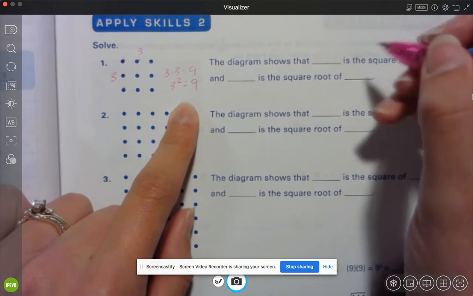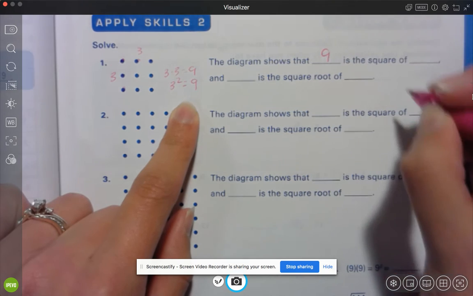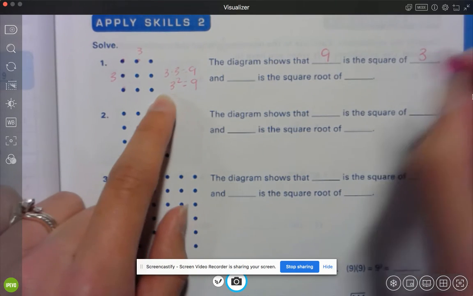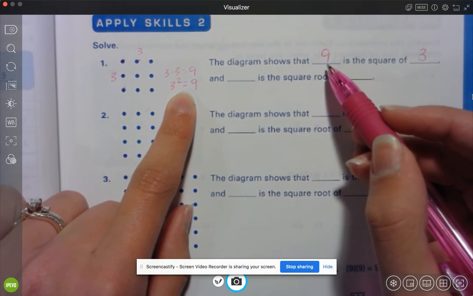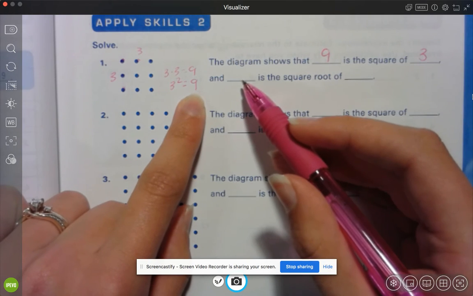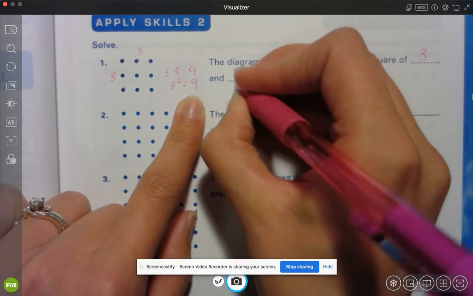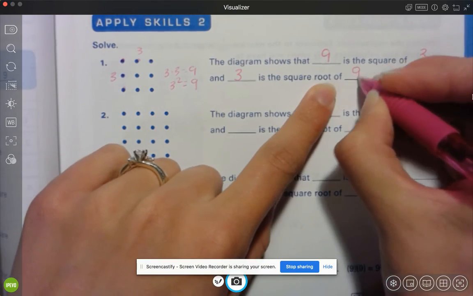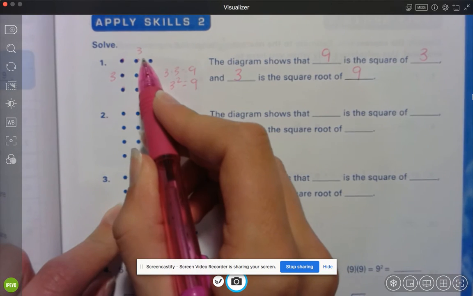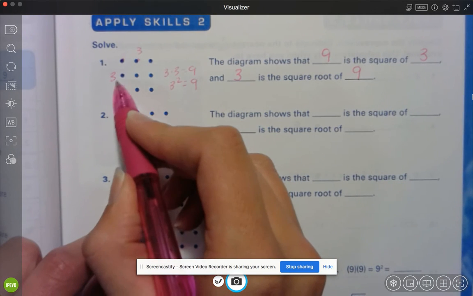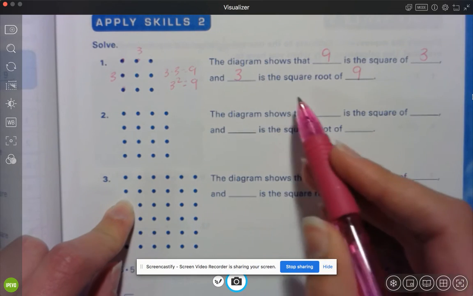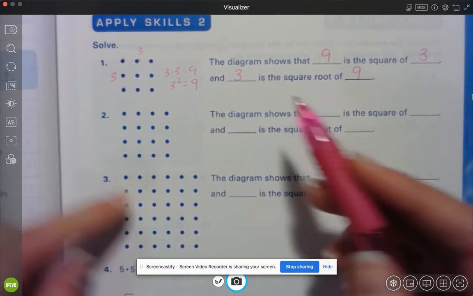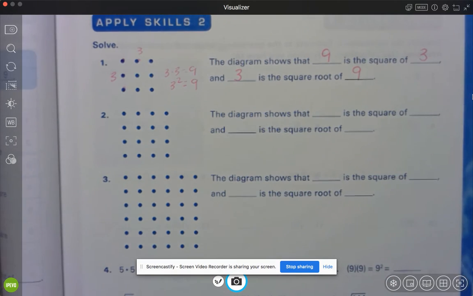So the diagram shows that 9 is the square of 3, right? We do 3 squared, and we get 9. And 3 is the square root of 9, right? We have an area of 9, so each side is 3. So our square root is 3. So do the same thing for these two.